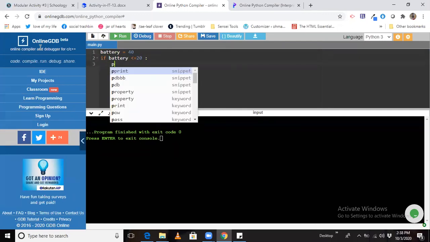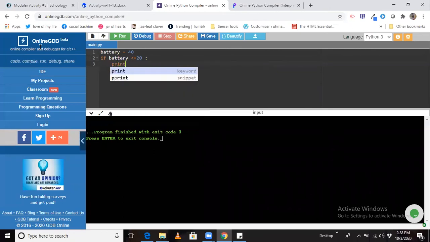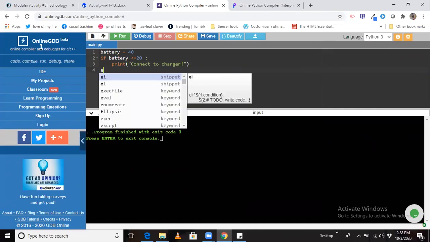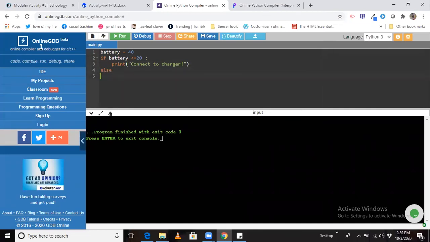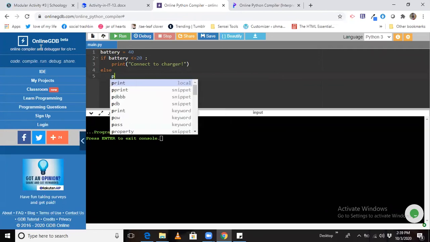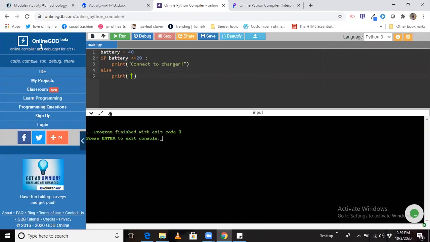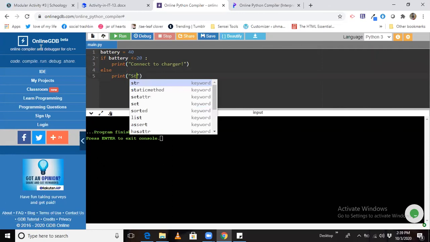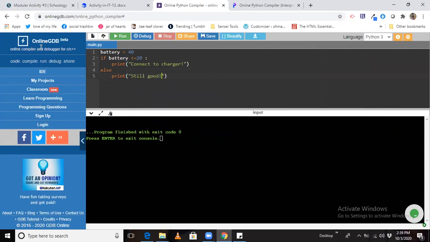Kapag true, print connect to charger. And then else print still good. Desk check.